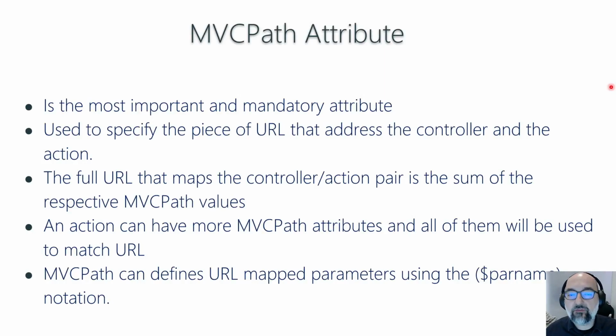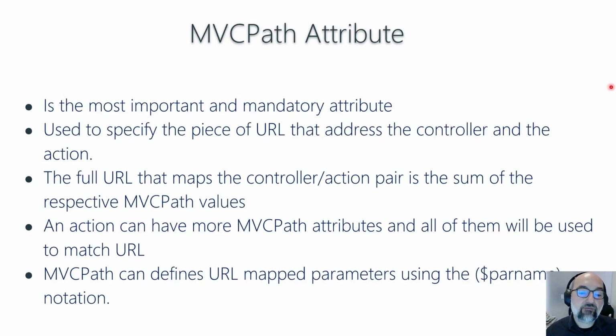The first attribute we want to see is the MVCPath attribute. This is the most important and mandatory attribute because it's used to specify the URL that addresses the controller and the action. The full URL that I write in my browser or in some kind of client is a pair of the controller and action URL, which is split between the MVCPath assigned to the controller and the MVCPath assigned to the action.